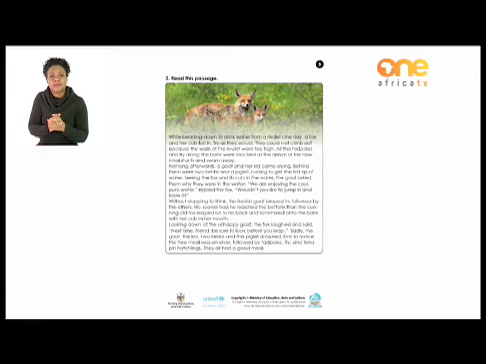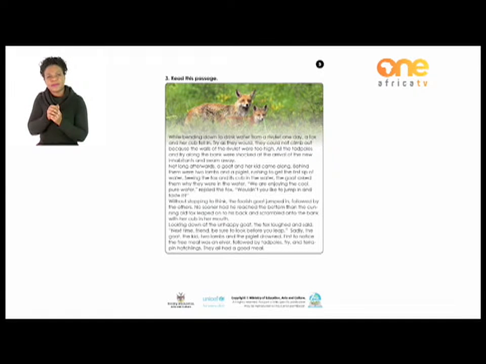While bending down to drink water from a rivulet one day, a fox and a cub fell in. Try as they would, they could not climb out because the walls of the rivulet were too high. All the tadpoles and fry along the bank were shocked at the arrival of the new inhabitants and swam away. Not long afterwards, a goat and her kid came along. Behind them were 2 lambs and a piglet, rushing to get the first sip of water. Seeing the fox and its cub in the water, the goat asked them why they were in the water. "We are enjoying the cool, pure water," replied the fox. "Would you like to jump in and taste it?" Without stopping to think, the foolish goat jumped in, followed by the others. No sooner had he reached the bottom than the cunning old fox leaped onto his back and scrambled onto the bank with her cub in her mouth.